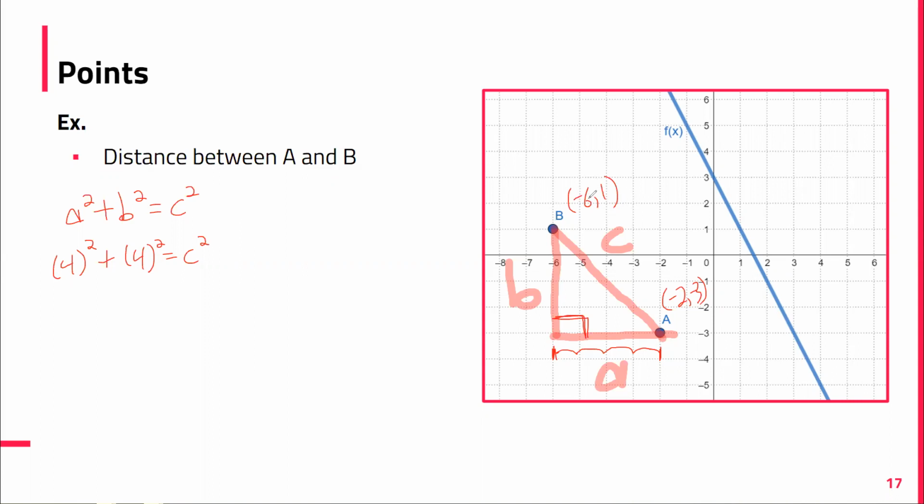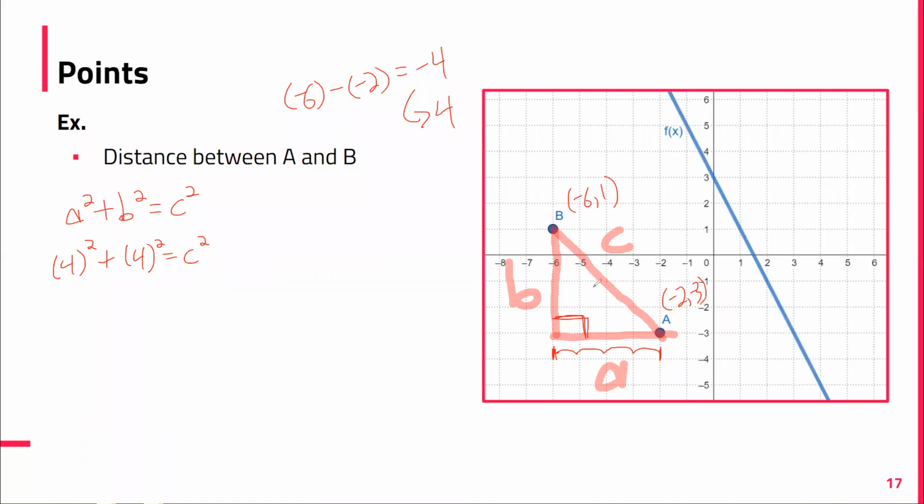Well, we just do -6, and then we subtract the other one, -2, and that's -4, but as I mentioned, we take the absolute value. We don't care if it's positive or negative, we're just thinking about a distance. So we just treat this as 4. It doesn't matter what the sign is in this case.